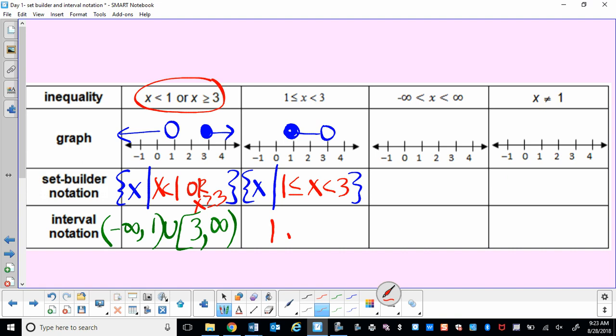At 1, and it stops at 3. Does 1 have a bracket or parentheses? What about 3? Parentheses. The ands are a little bit easier to do interval notation. We're just reading the graph.